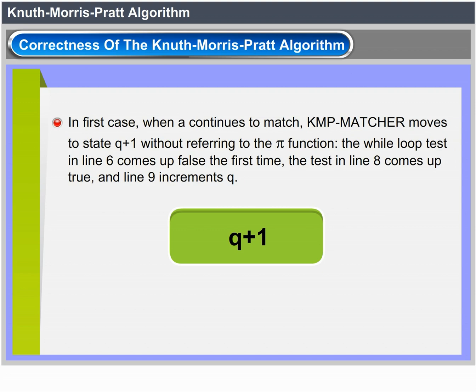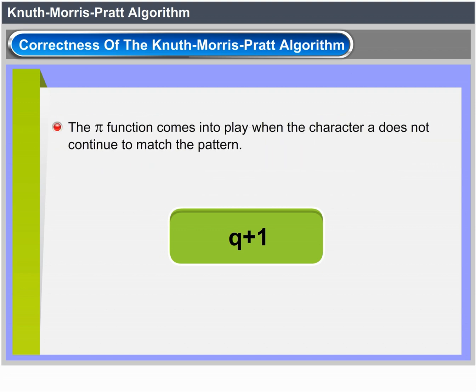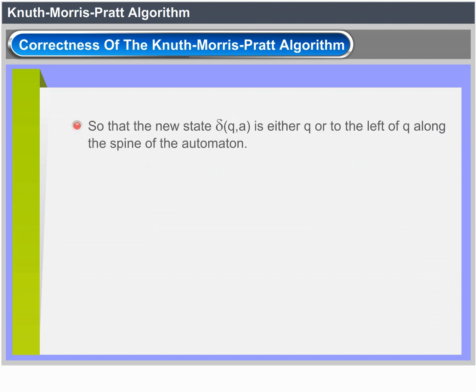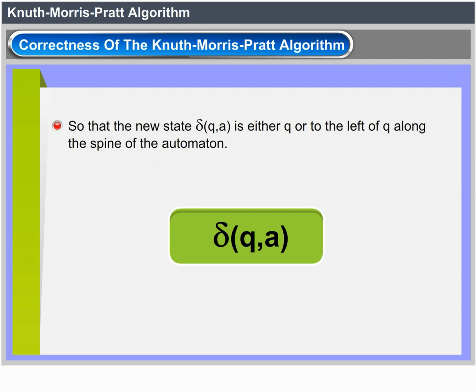The pi function comes into play when the character a does not continue to match the pattern, so that the new state δ(q, a) is either q or to the left of q along the spine of the automaton.